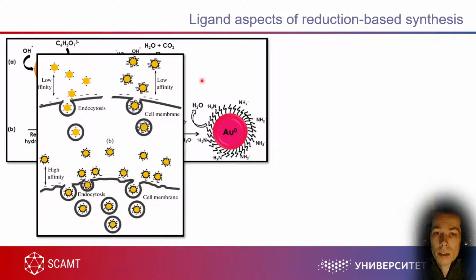And because the cell membrane is negatively charged, of course, if your particles are also negatively charged, they will have low affinity, and this will strongly affect endocytosis, and these nanoparticles will less frequently enter your cells. In case you have positively charged nanoparticles, endocytosis will go much faster because of the high affinity of these particles to the cell membrane.